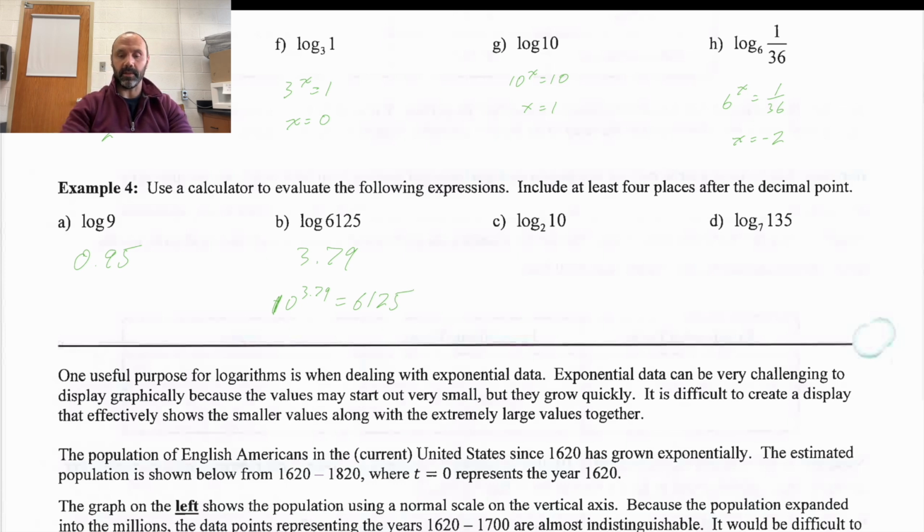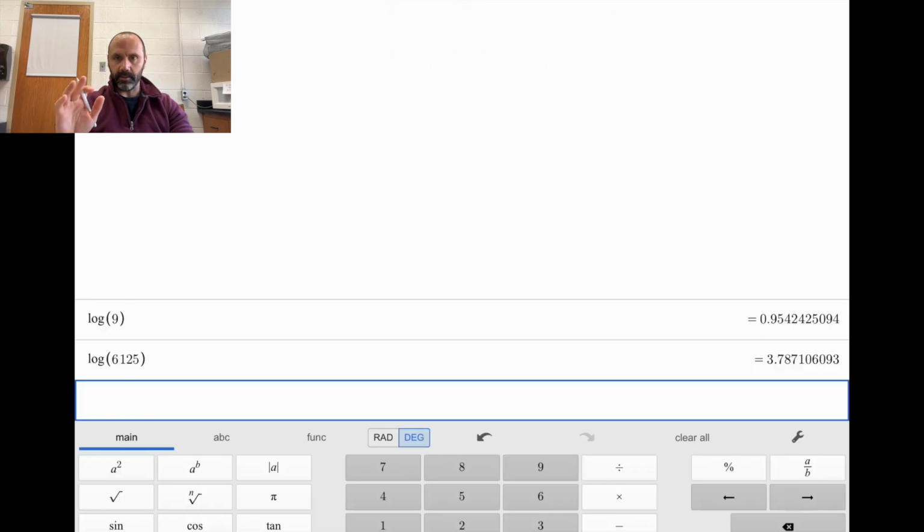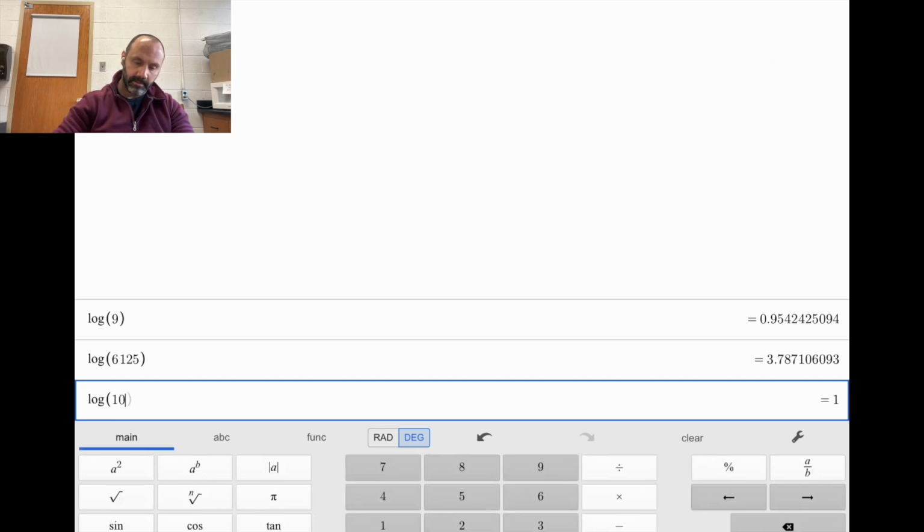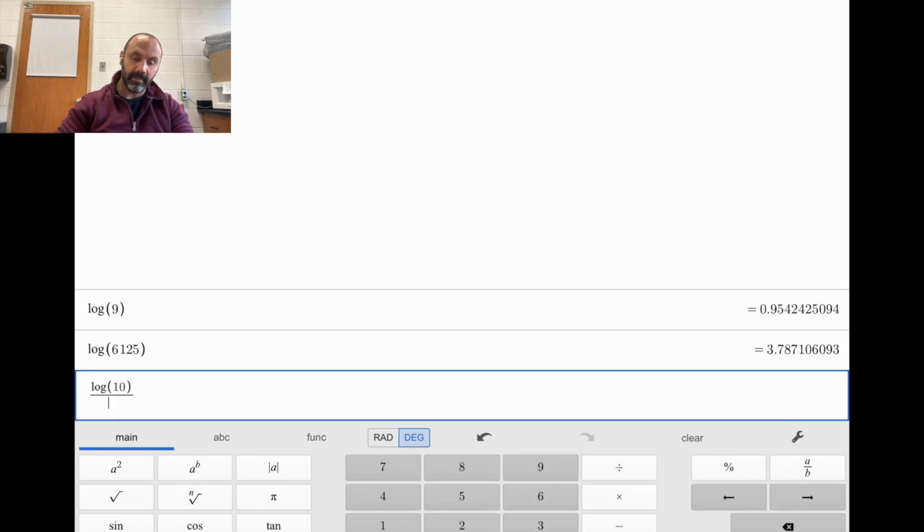Okay, now I need to see log base 2 of 10. So I can think, 2 to the what power is 10? That's not something I can do in my head. The way that we can do this here is we take log of the number that's in there, right? Log base 2 of 10, so I put 10 in there. So log of 10. And now I divide by log of the base.